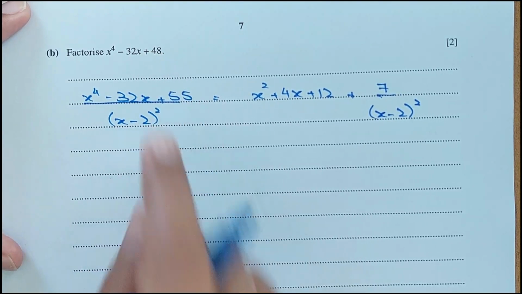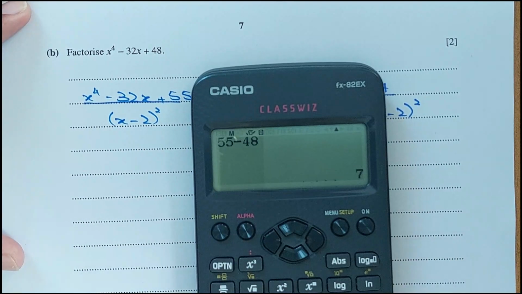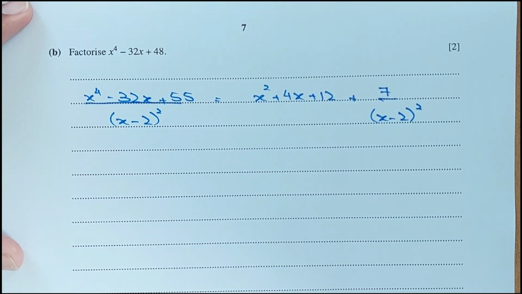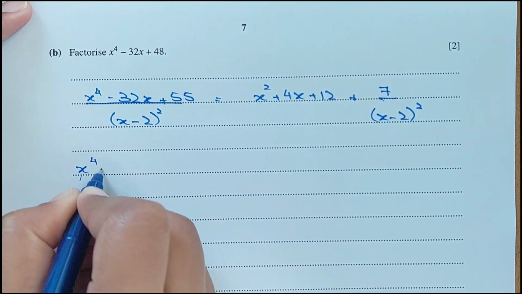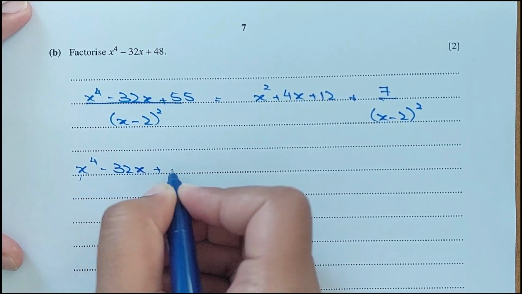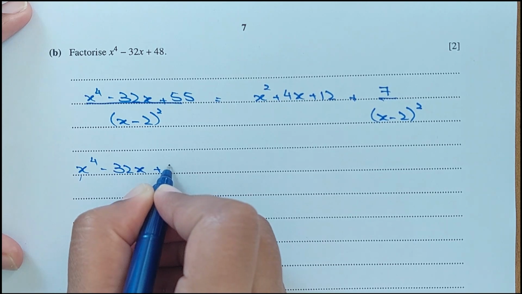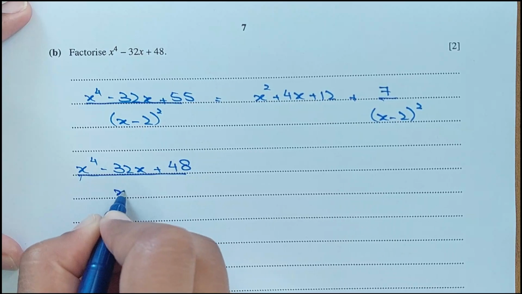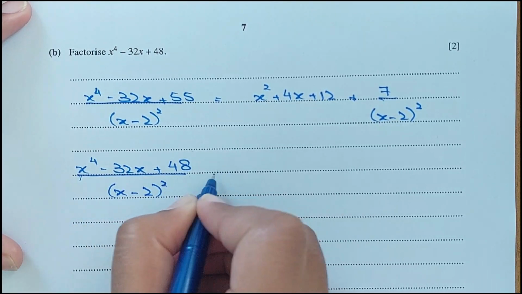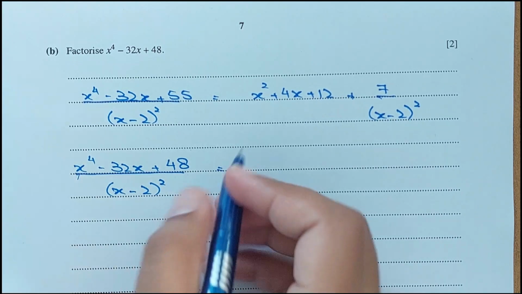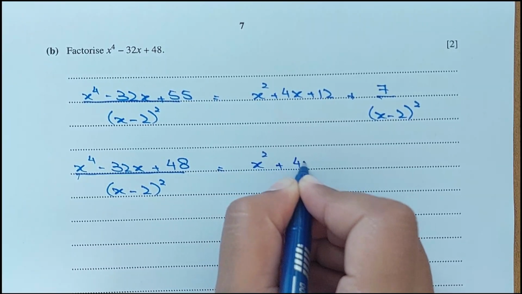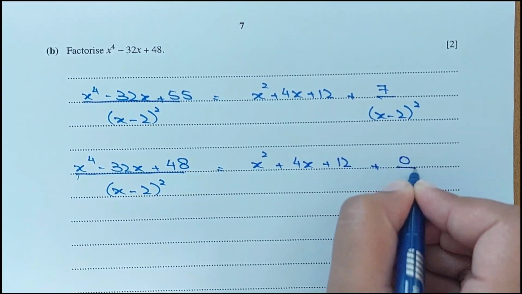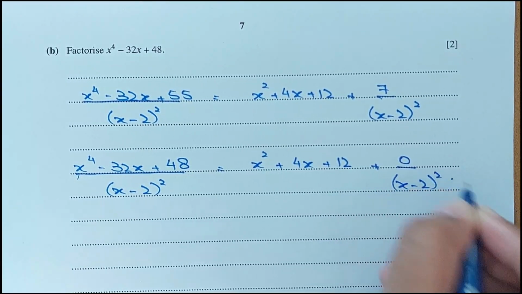Now we have to make this 48. 55 take away 7 is 48, so subtracting 7 on both sides we can say x4 minus 32x plus 48 over x minus 2 whole square equals x square plus 4x plus 12, so 7 was the remainder, now 7 minus 7 would be 0 over x minus 2 whole square, right?